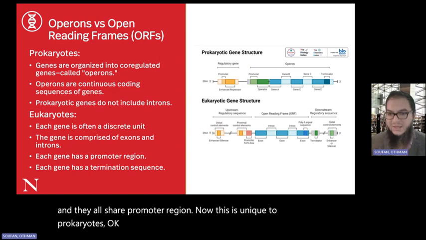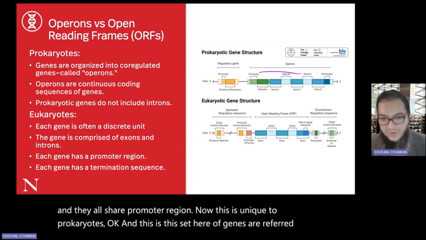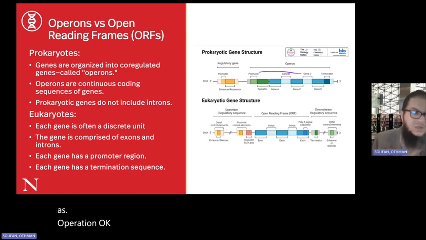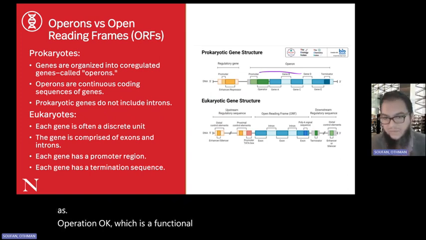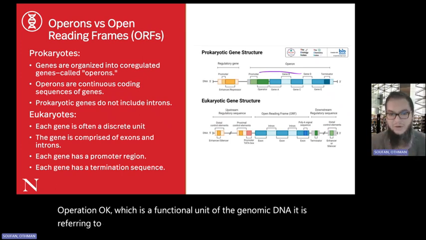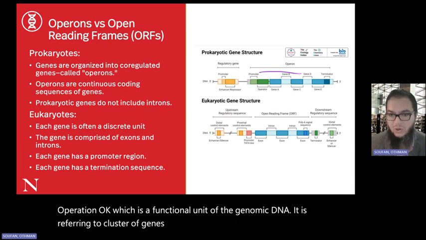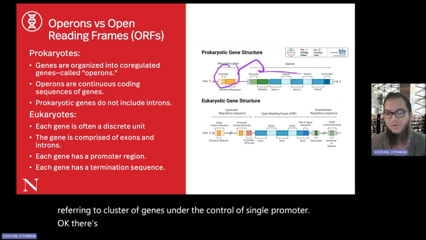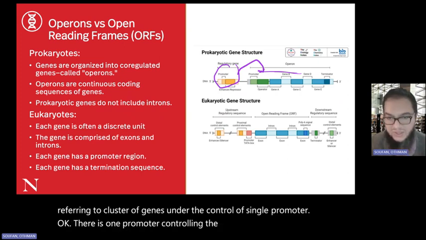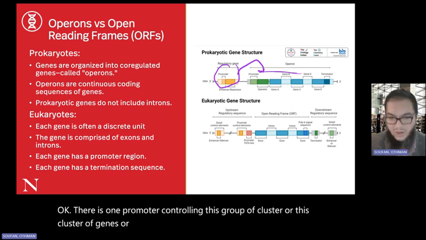This set of genes is referred to as an operon, which is a functional unit of the genomic DNA. It refers to a cluster of genes under the control of a single promoter. There is one promoter controlling this cluster of genes.